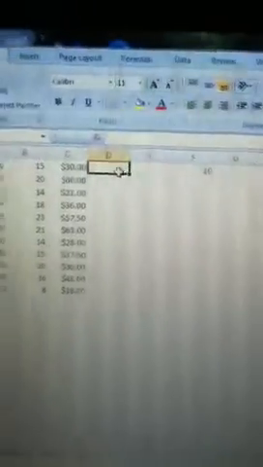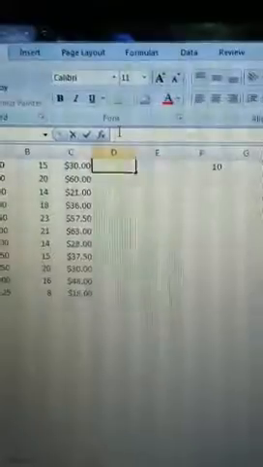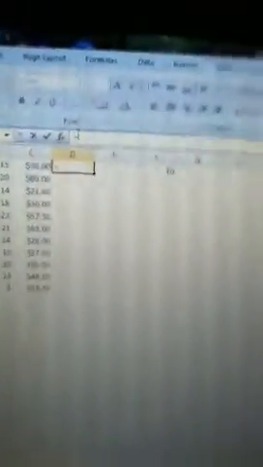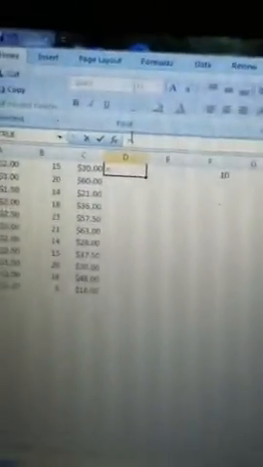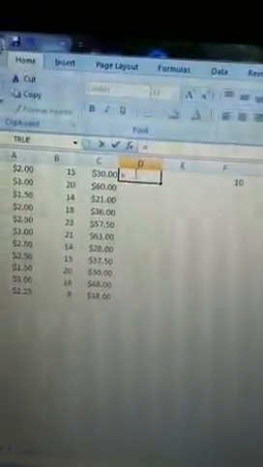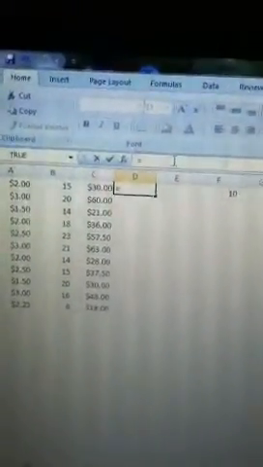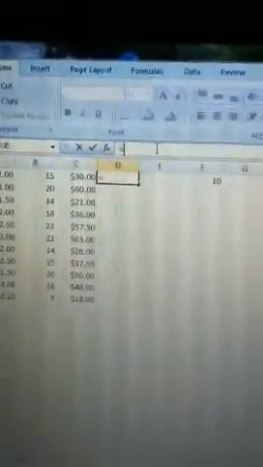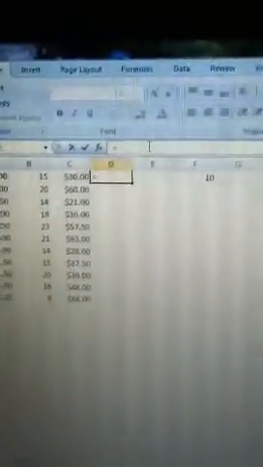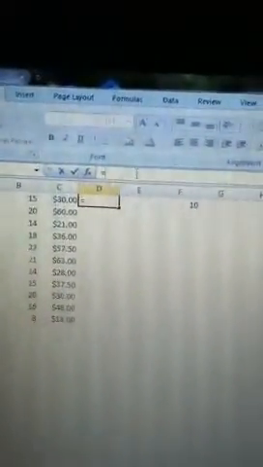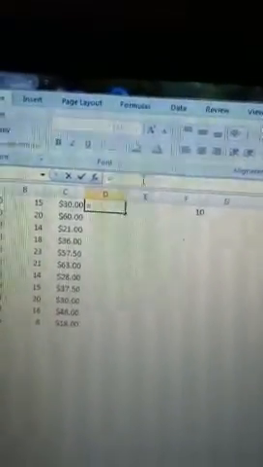In that column, I need to include the equal sign, and I'm going to input the first cell, because we're going to be doing a division problem, we're going to need to divide the bigger number by the smaller number.